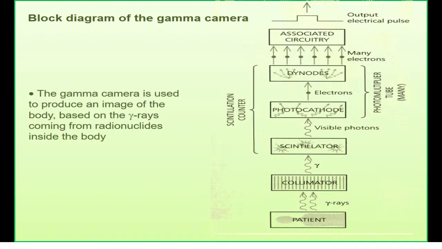So, from those regions the gamma radiation will be more intense, and this more intense radiation will reveal those abnormal regions, those abnormal structures.